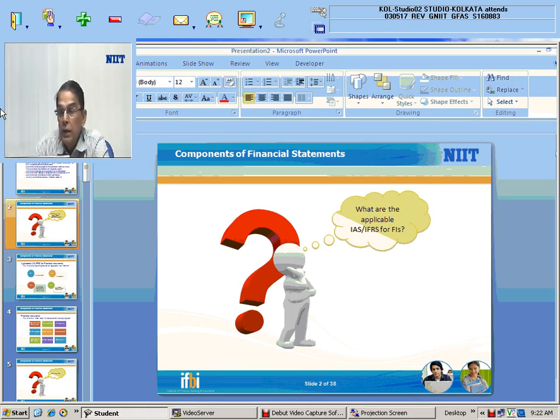Let's look at all the relevant standards dealing with financial instruments.